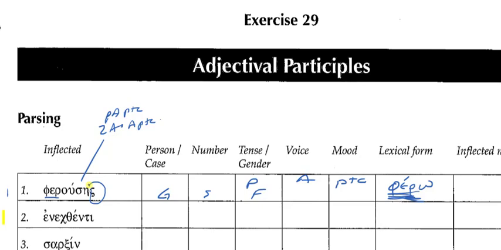First column's the lexical form, which is always present active indicative for singular. What's the second column? Future active indicative. Third column? Aorist.